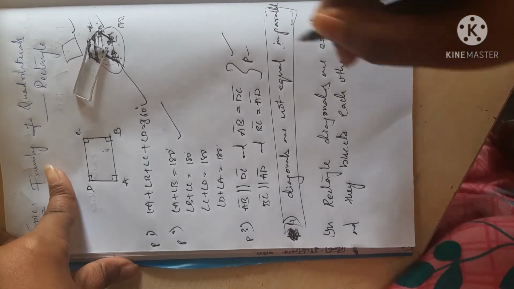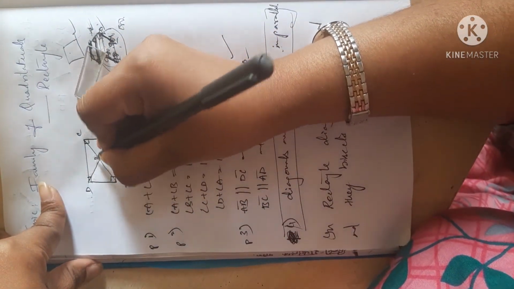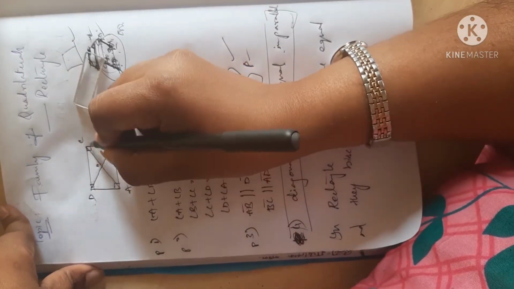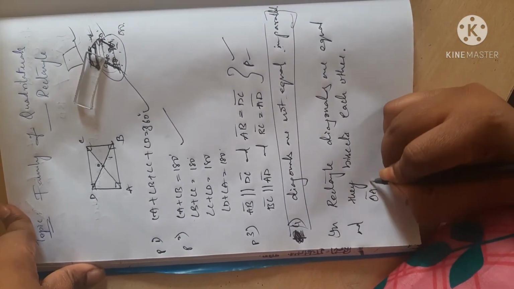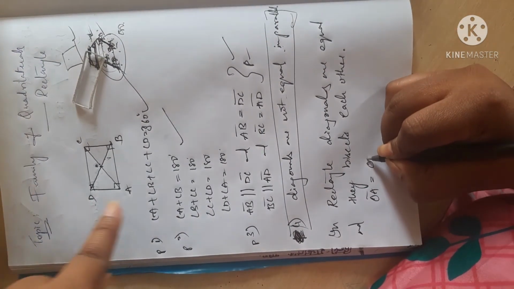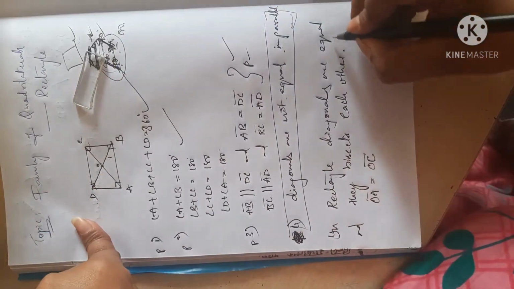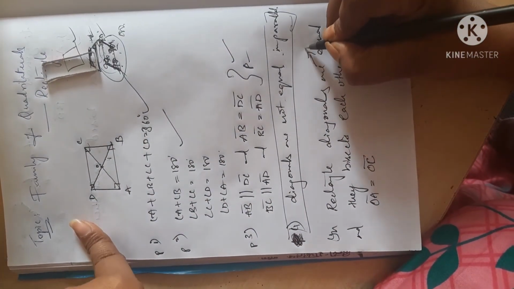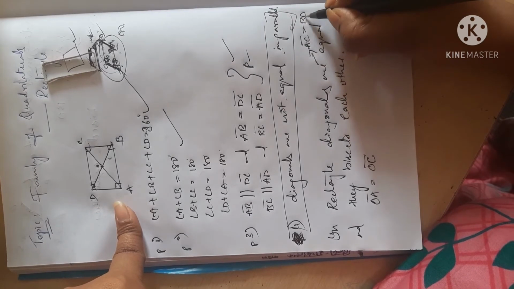Bisecting is nothing but, for example, if this is O, the two diagonals are intersecting at point O. Bisecting means OA is equal to OC. And since AC is equal to BD, both diagonals are equal.